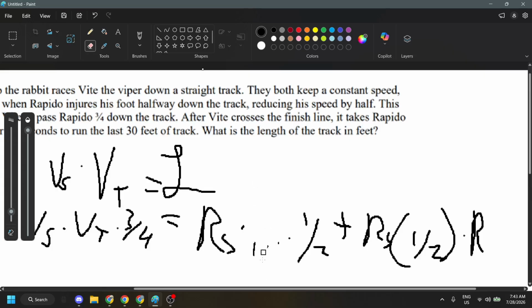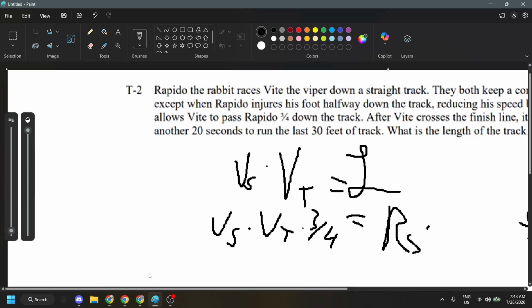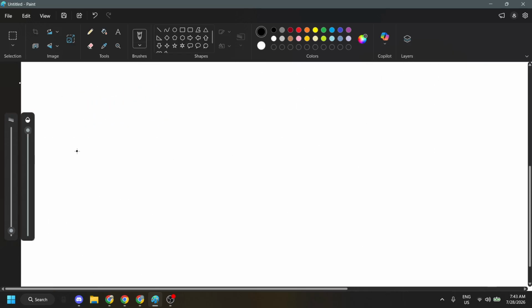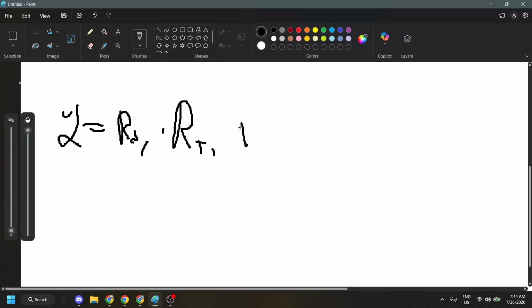This isn't half of the rabbit's time. Well, if we have the total, which is length, this is equal to rabbit speed 1 times rabbit time 1 plus rabbit speed 2 times rabbit time 2.